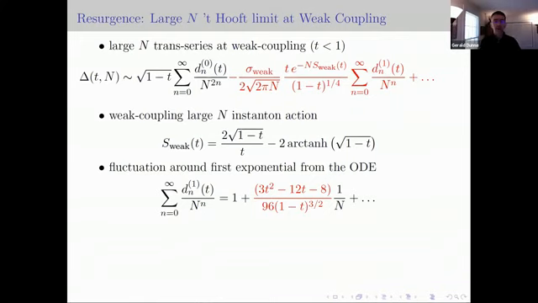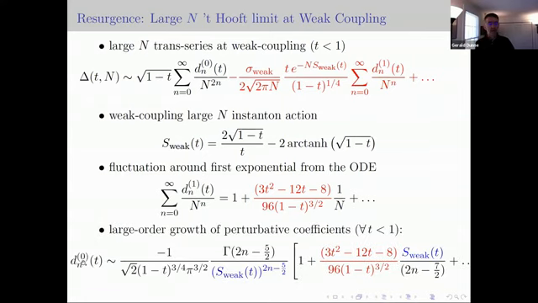And now, knowing this, and thinking about it in the light of what we've been saying about resurgence, we would suspect that this term here should be related somehow to the large-order growth of these coefficients as a function of t. But we can generate many of these, and so we can check. And in fact, indeed, the large-order growth of these things for any t less than 1 is factorial.